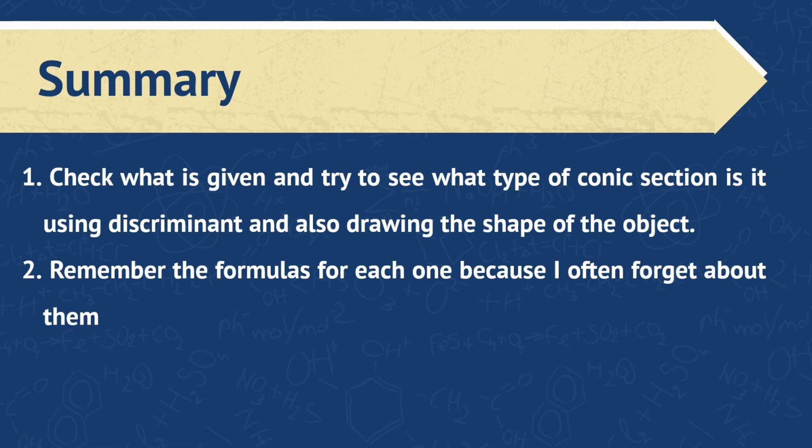If a and c are the same and b is 0, then it's a circle. If it's less than 0, it's an ellipse. If it's equal to 0, which is a famous one, since quadratic equations yield a parabola.